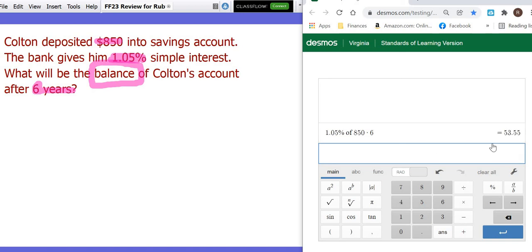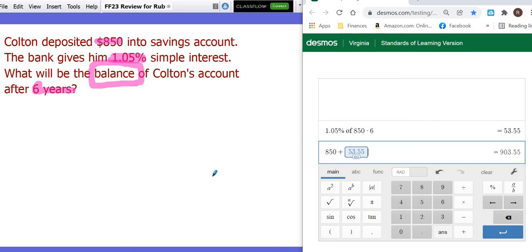Now, that number, 53.55, is the interest, but we want the whole balance. So we're going to start with what we put in the first place, and since it's interest, we add the interest.